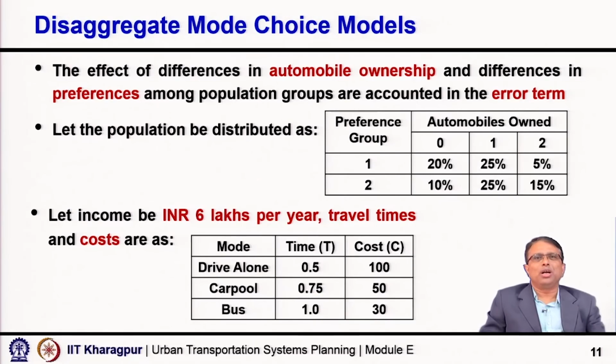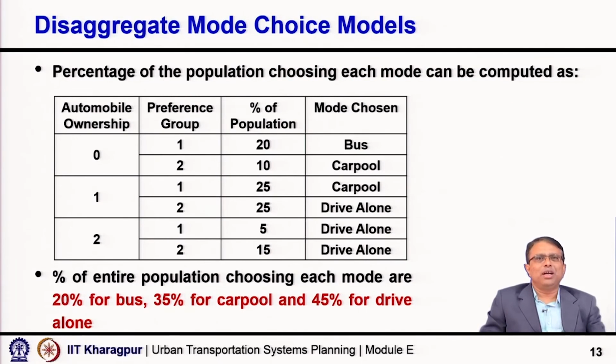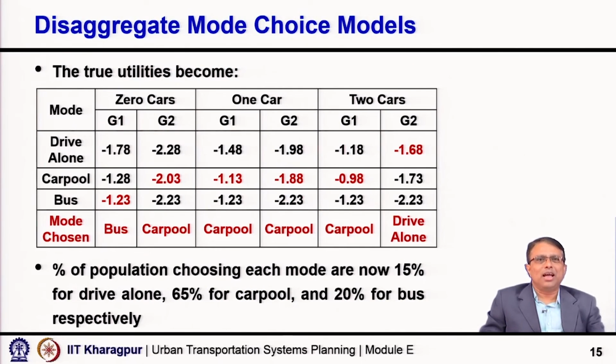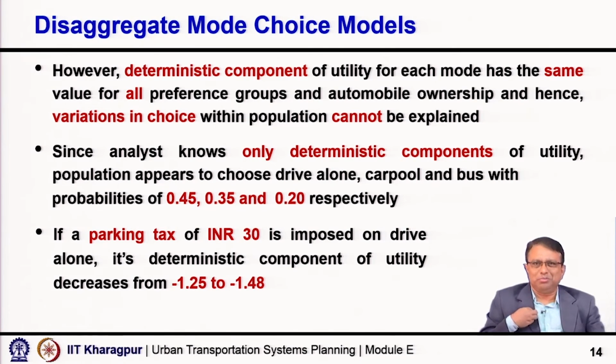Okay. So, what will I find? I will find now that, as a modeler, in my specified model the utility of drive alone has decreased from minus 1.25, which was the earlier value, because we have now considered 30 rupees parking for drive alone.